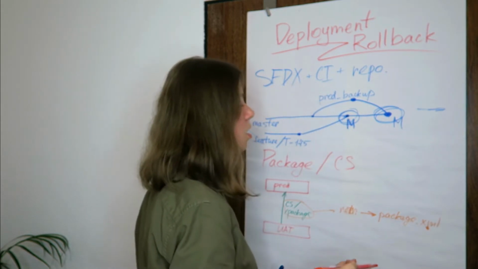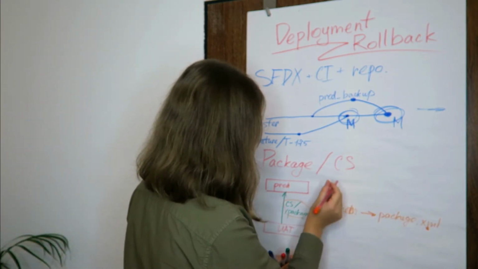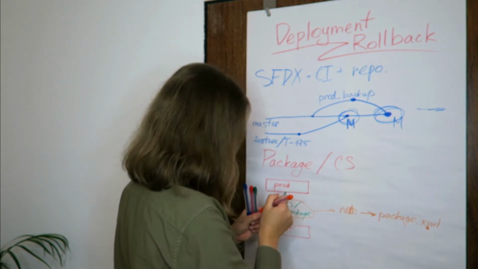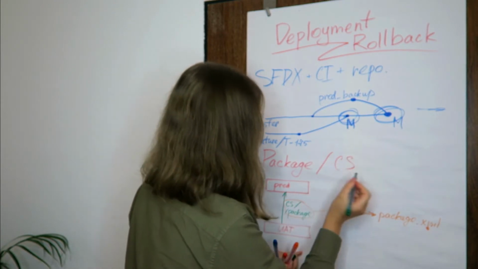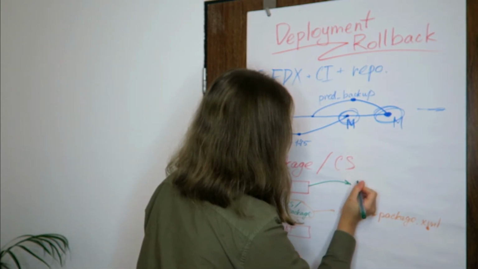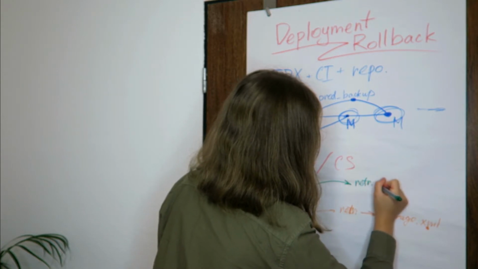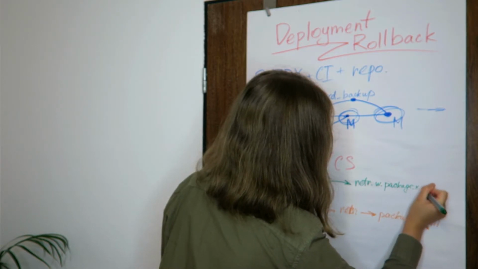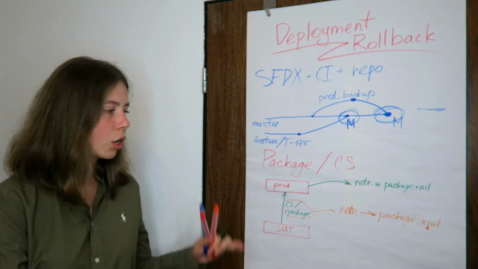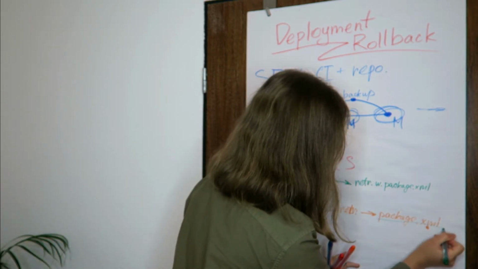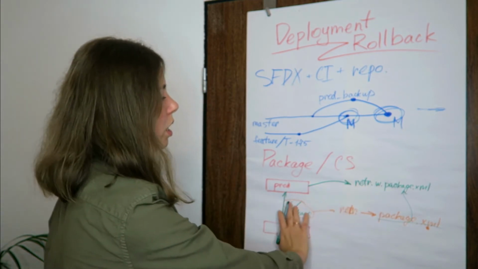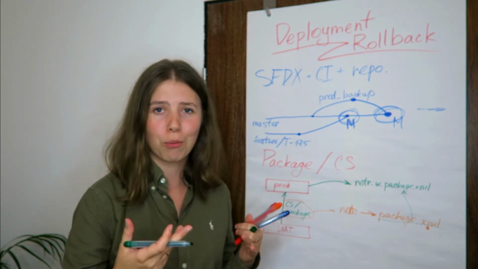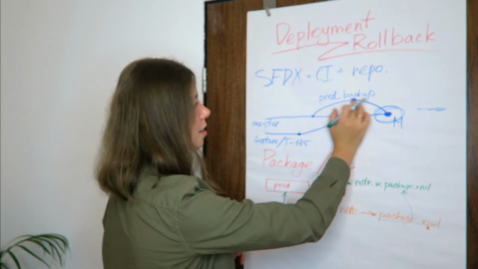Then I would log in from Workbench to production and retrieve the package using this package.xml. That's how you will get a package with the metadata from your production, exactly what we did here, in fact.